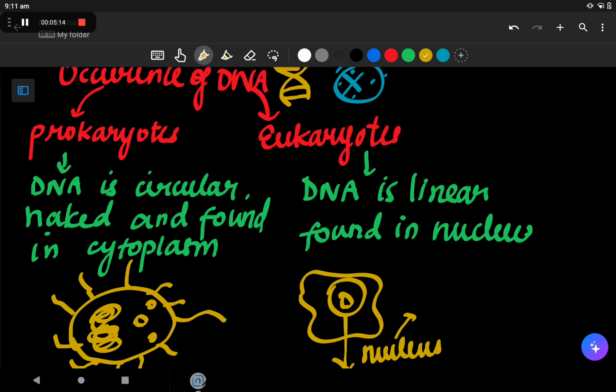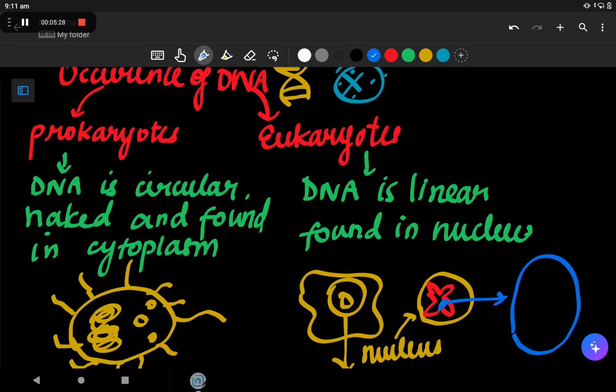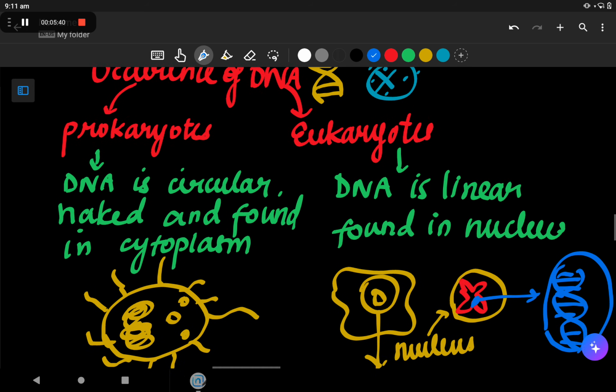If I zoom into the nucleus and count the chromosome, if I zoom in the chromosome and look into the particle over here, I'll find the DNA here. Like this. And this is the DNA. Got it? This is how the occurrence of DNA occurs.